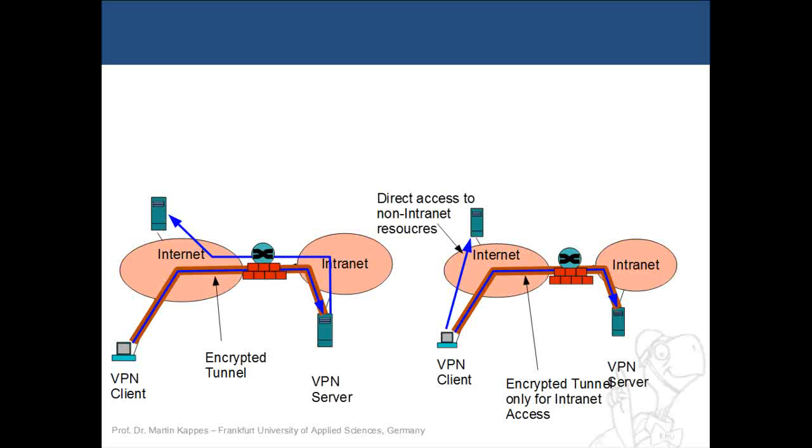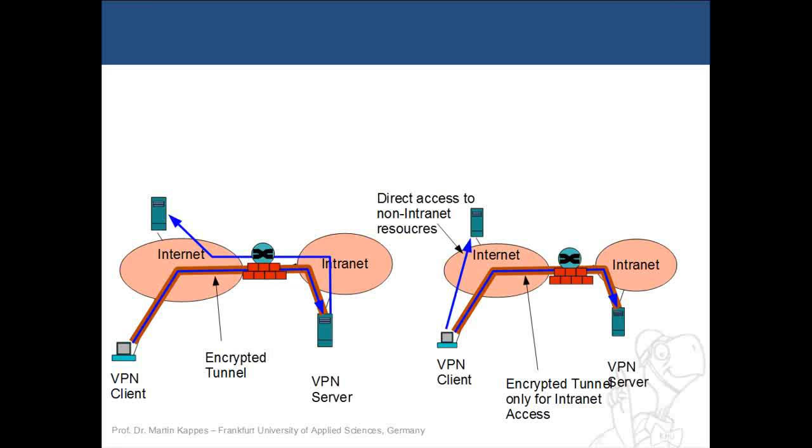If we're using a remote access VPN, then the end system, or the VPN client if you want, which runs the VPN, virtually becomes a part of the intranet. However, of course, the machine isn't really in the intranet, and very often the resources being accessed from the machine are also not limited to what actually is in the intranet.